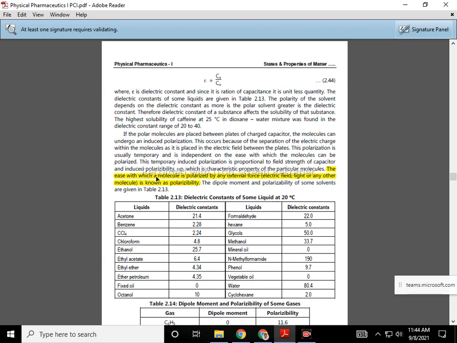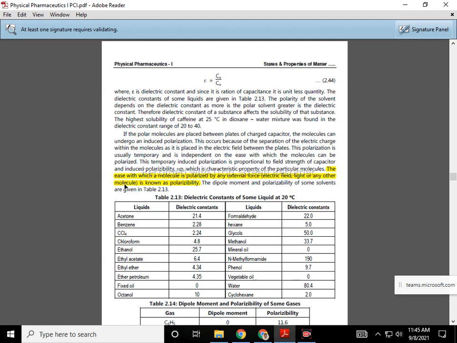Polarizability can change or increase either by placing the molecule in the electric field, or by light also, or by placing the non-polar molecule in the vicinity of a polar molecule.